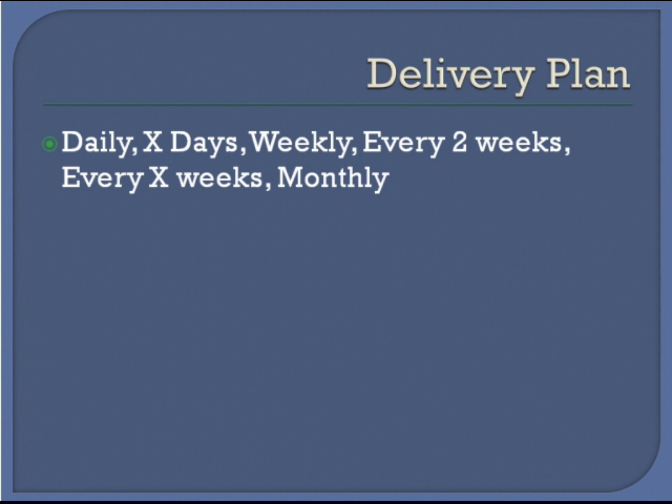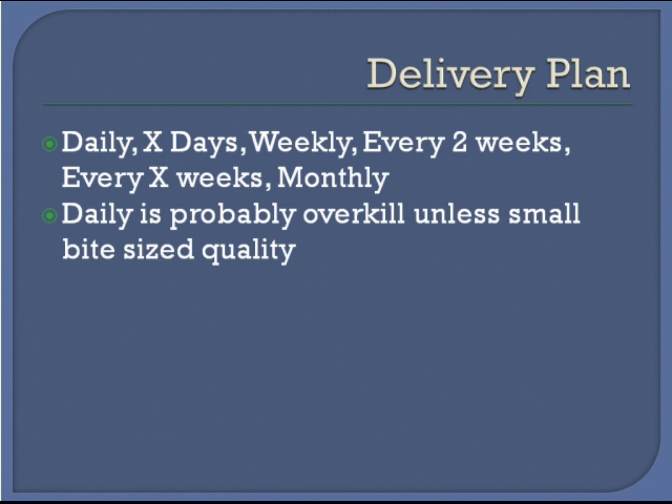And once you understand your delivery plan, then when you set up your autoresponder, all you have to do is create a new follow-up for every one of those days, those X days, those weeks, and so forth. Daily is probably overkill unless it's small bite-sized quality content, like I said earlier.